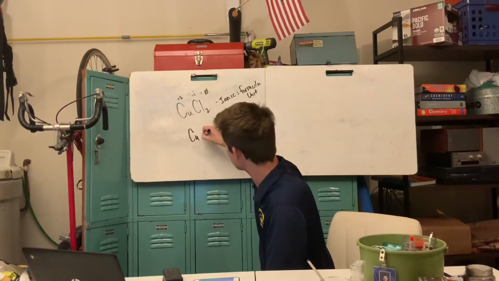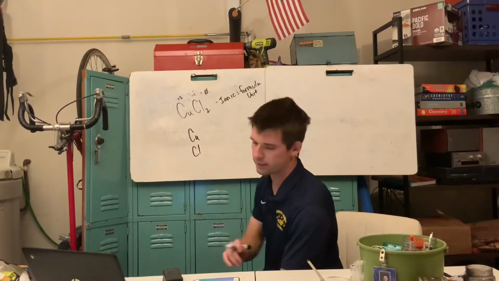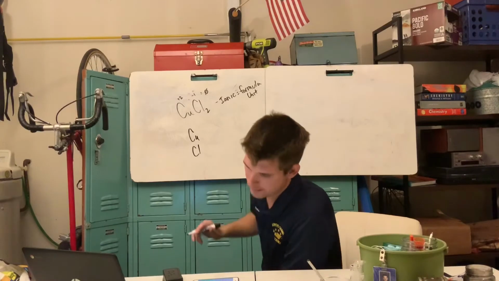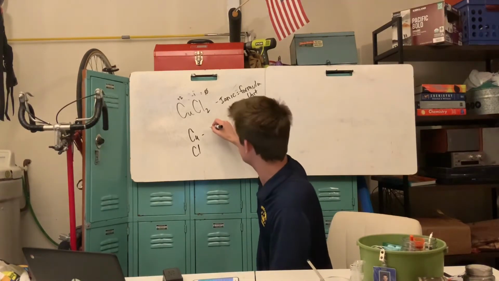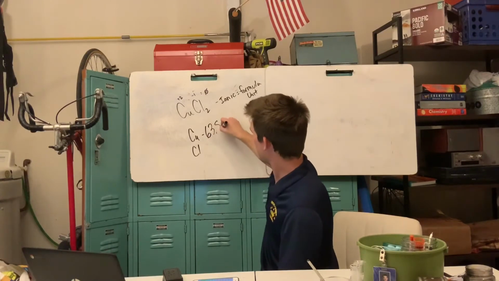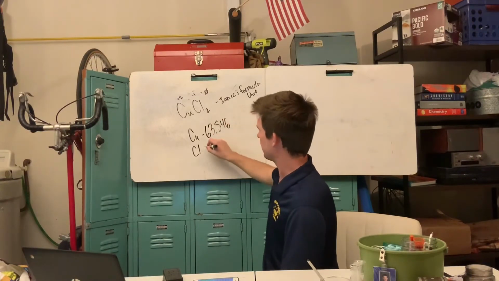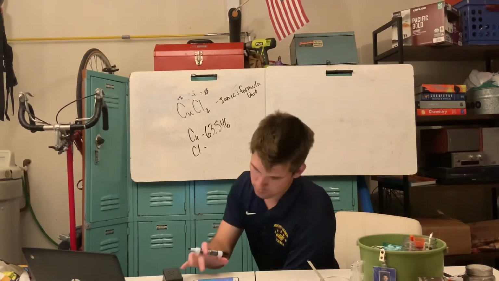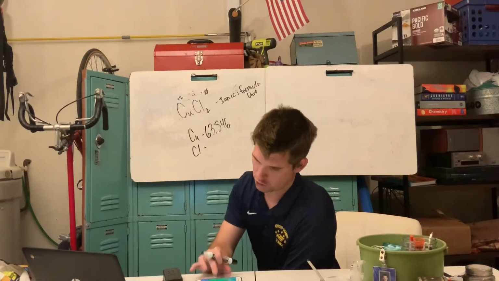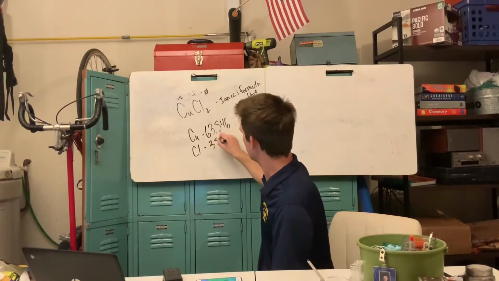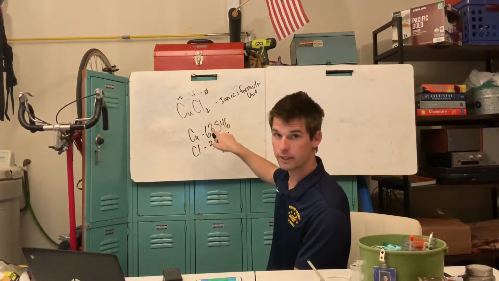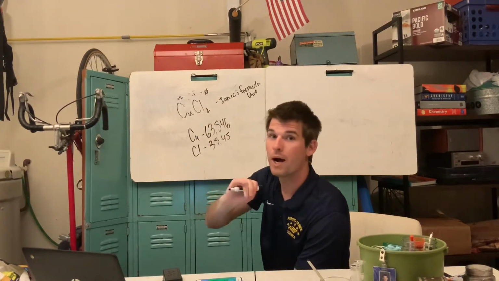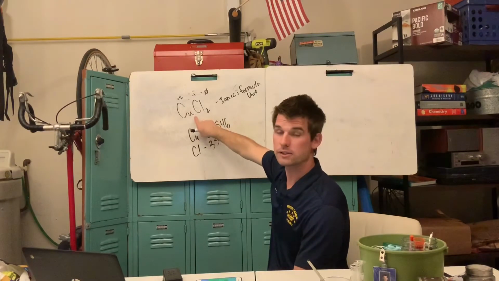Copper is our first chemical, and chlorine is our second chemical. If I look at my periodic table, the molar mass of copper is 63.546, and chlorine, we did this one already, but just to be sure, it's 35.45. And we need to multiply this number that we got from the periodic table by the number that's the subscript.